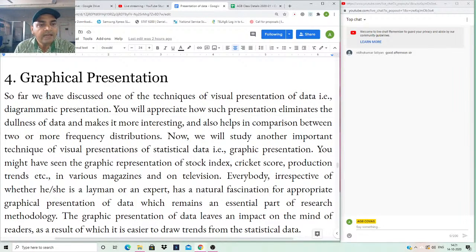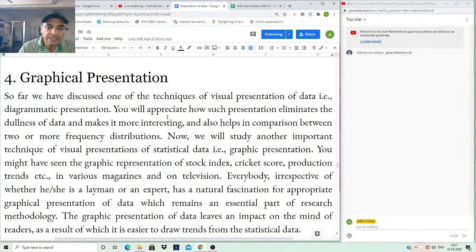So this graphical presentation. So far we have discussed one technique of visual presentation, that is diagrammatic. And graphical presentation is the next step ahead, the second form of visual presentation.